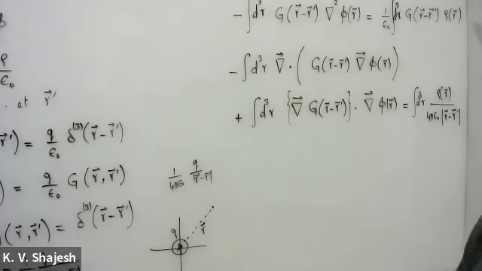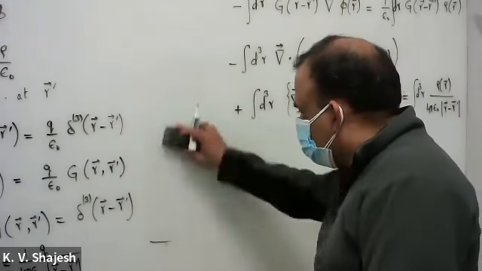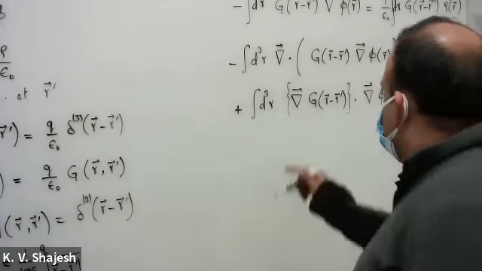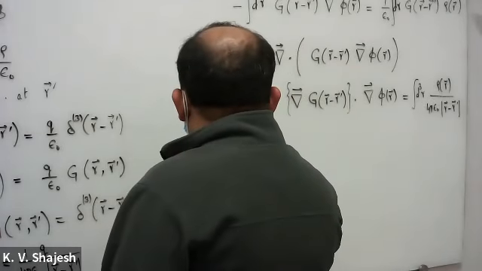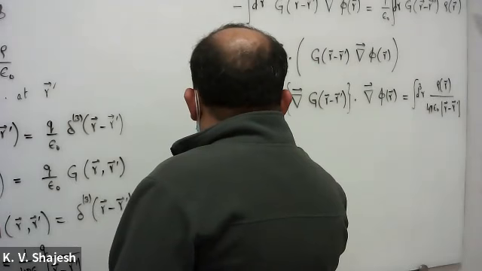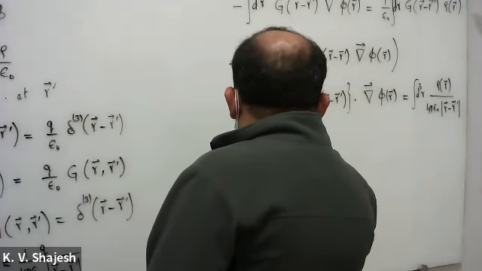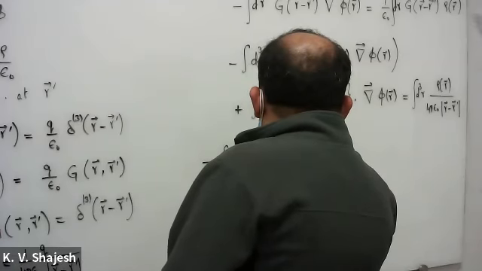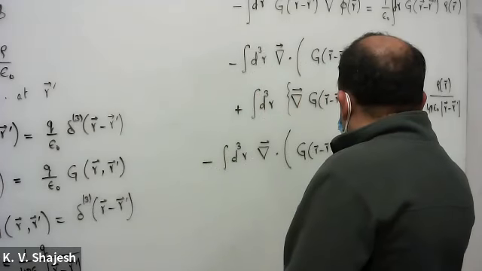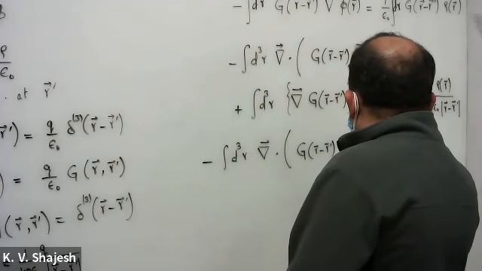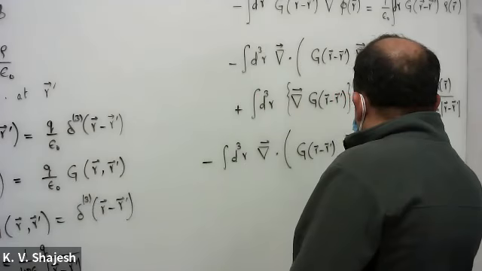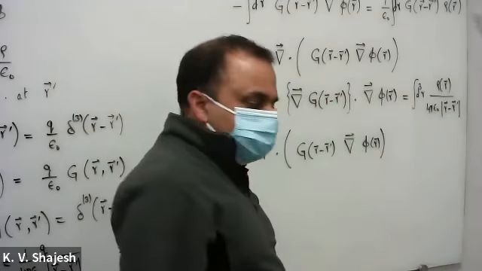That's equal to, let me write this, minus d cube r. I'm just going to copy this down. It survives only on the boundary. And now let me do one more.